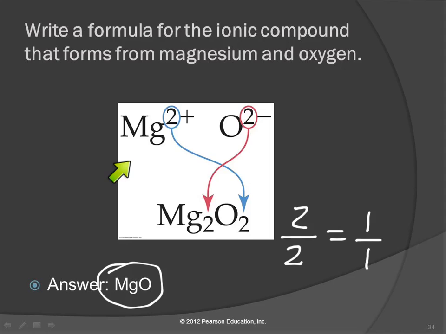So the way I would approach this one, instead of just crisscrossing, I would first look at these numbers. Plus 2, minus 2, and I'd say, oh, that's nice. I'll just push these guys together. One of each, done. Any questions? If the charges are the same, push them together. You just need one of each. If the charges are not the same, then the crisscross thing is probably the best thing to do.